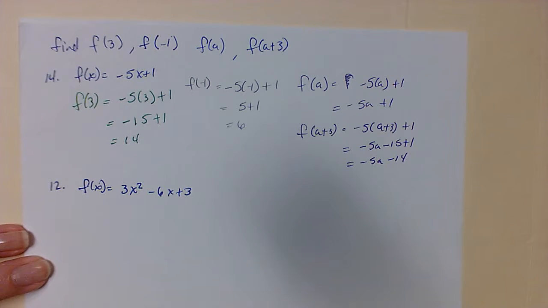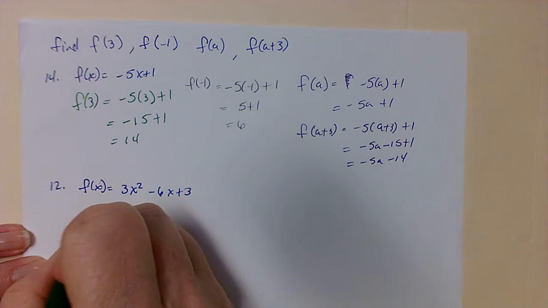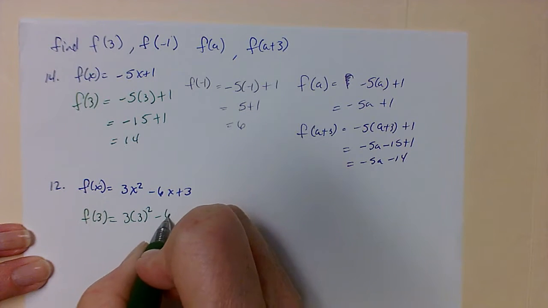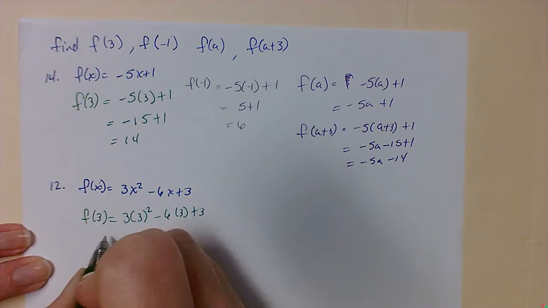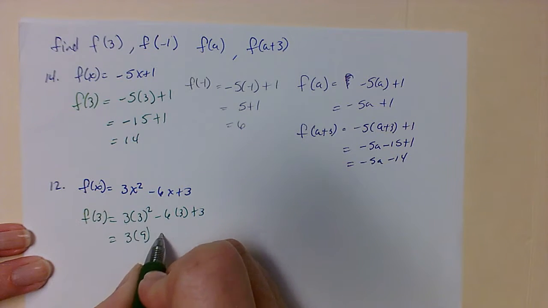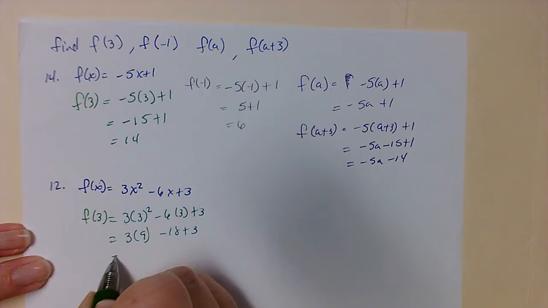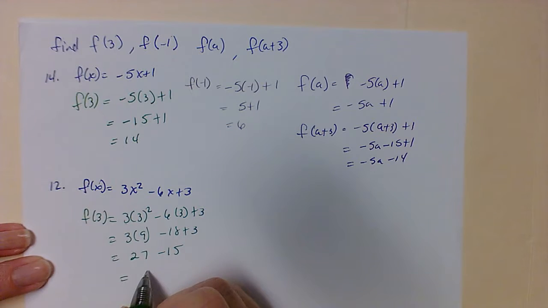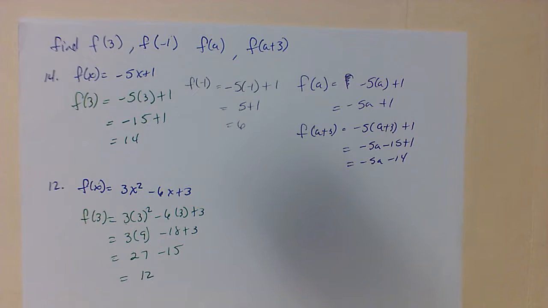So for our first one, we will have f at 3. So this is 3 times 3 squared minus 6 times 3 plus 3. So 3 times 9 minus 18 plus 3, which gets us 27, minus 15, which will get us to 12.